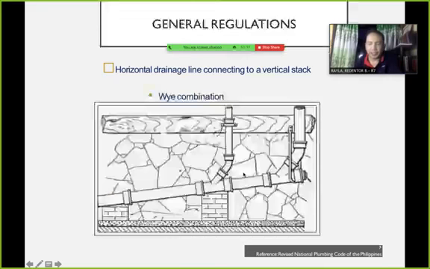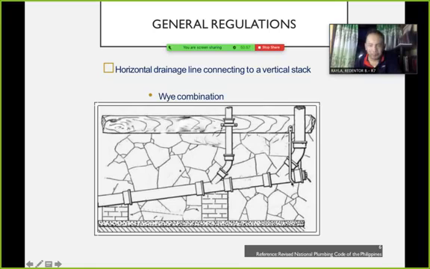If you are asked in the board exam what is wrong with this drawing, you can easily tell what the problem is. Here's the slope.